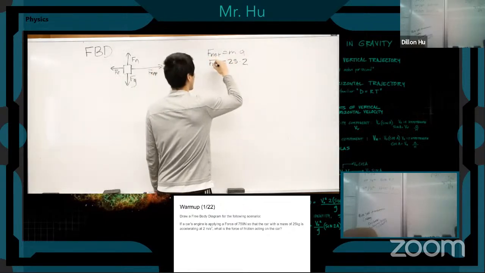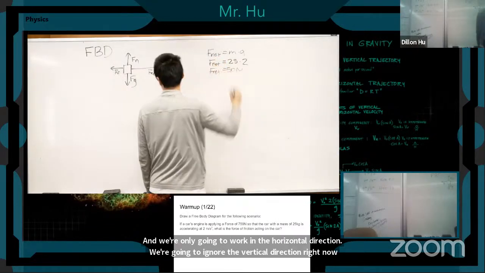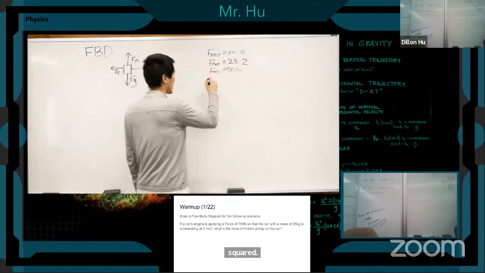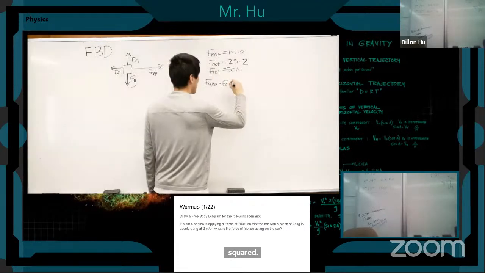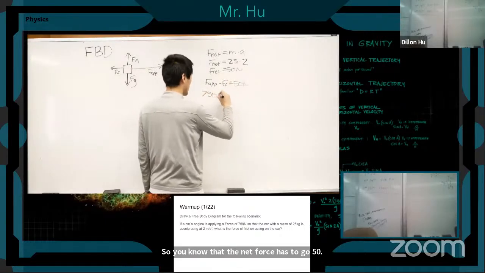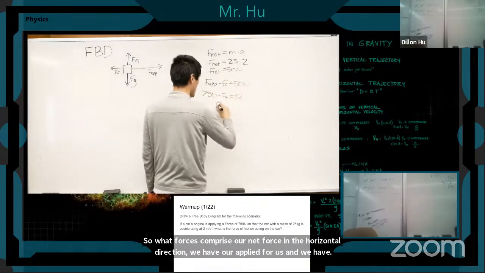So we know that the net force has to equal 50. What forces comprise our net force in the horizontal direction? We have our applied force and we have the friction force. So the applied force minus the friction force should equal 50 newtons. The applied force was given to be 750. 750 minus the friction force is equal to 50. And so the force of friction should be 700 newtons.